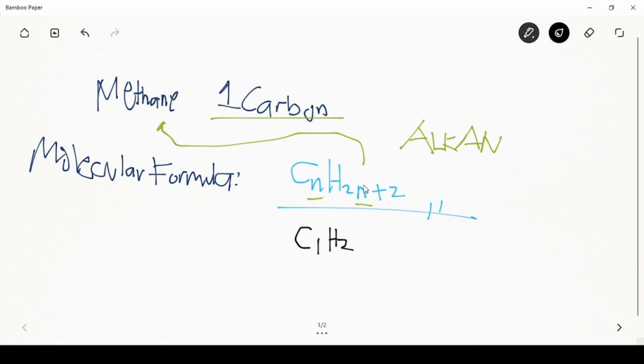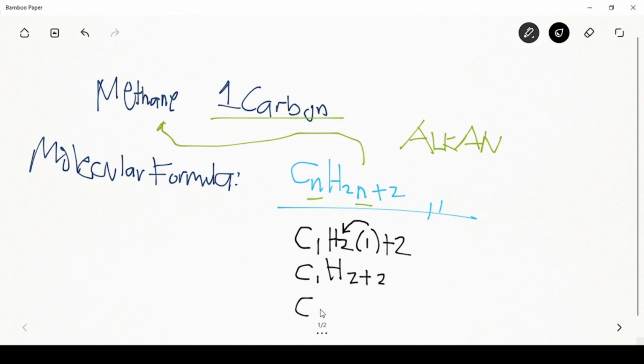H2 open parenthesis, substitute the n with 1, plus 2. Now, after this one, you are going to multiply the 1 by 2. So C1, 2 times 1 is equal to 2. Then plus 2.